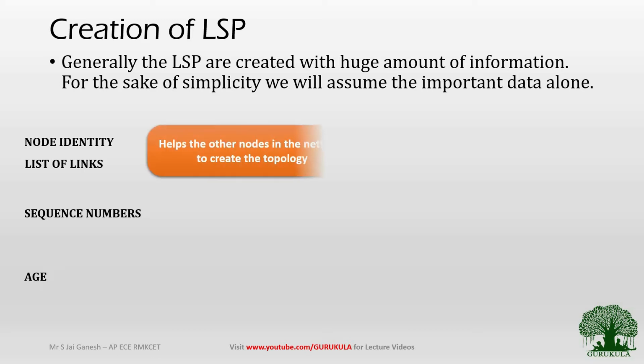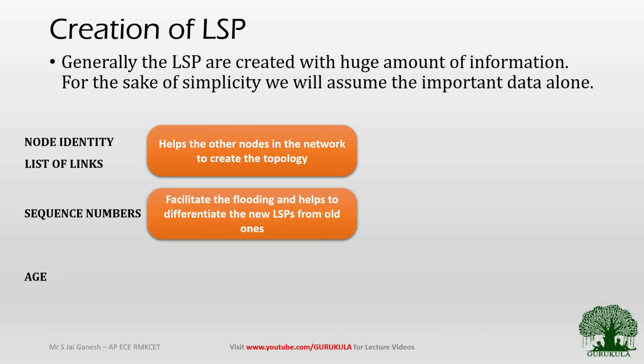Out of these, node identity and list of links will help the other nodes in the network to create the topology. And the sequence number will facilitate the next step, which is flooding, and it also helps to differentiate the new LSP packets from the old packets.